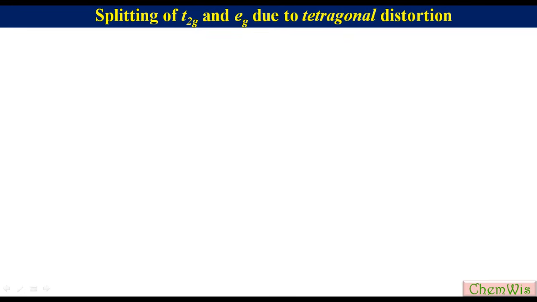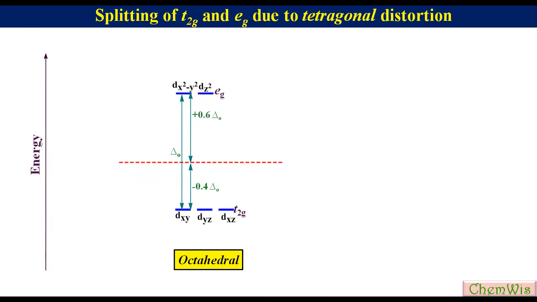Now, we will discuss the splitting of T2G and EG orbitals in a tetragonal ligand environment due to Jahn-Teller distortion. This is the d orbital splitting diagram for a regular octahedral complex. In Z-out distortion, the two ligands on the z-axis move away from the central metal.